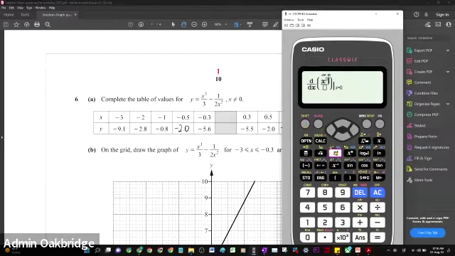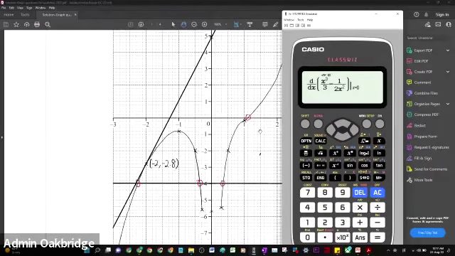Shift. Okay, and then you have 3 minus 1 over 2 x squared. All right, then you key in the x value.